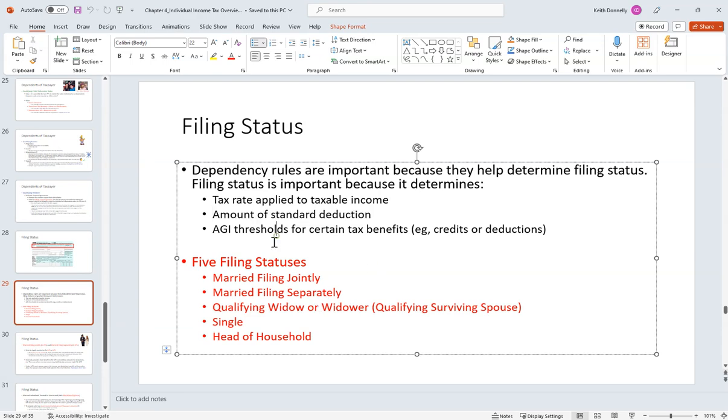And also, we care about it because there are certain tax benefits, namely deductions and credits, that phase in and phase out. You could qualify or not qualify based on your filing status. So it touches and concerns almost everything. We need to look at your filing status to determine other tax attributes on the form.